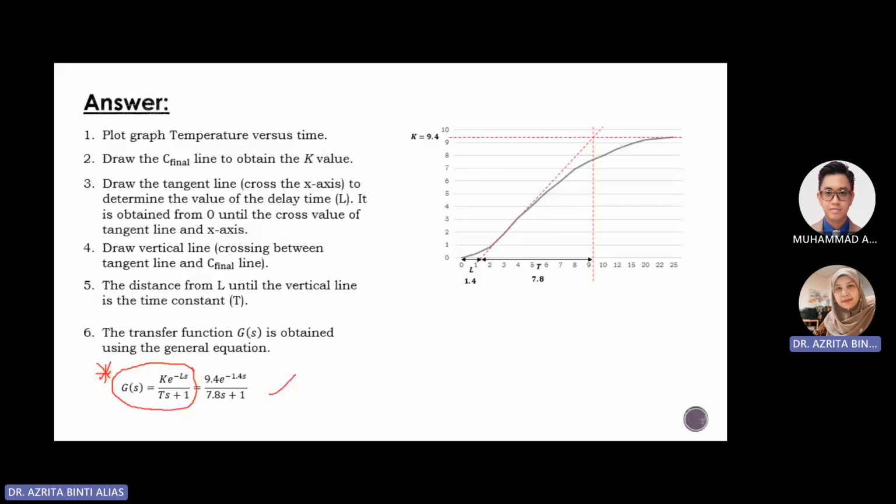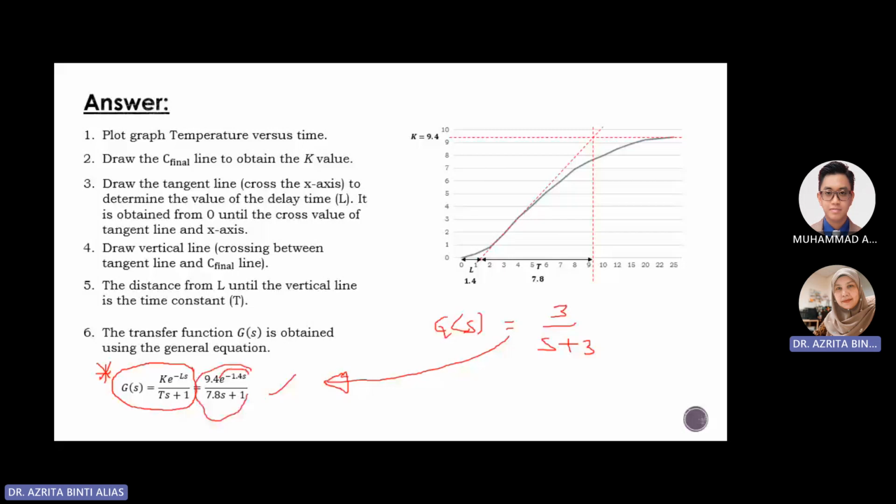Basically, before this, when we talked about the transfer function, we usually saw it for the first order system, something like 3 over S plus 3. But the equation here contains an exponential, exponential minus 1.4s.